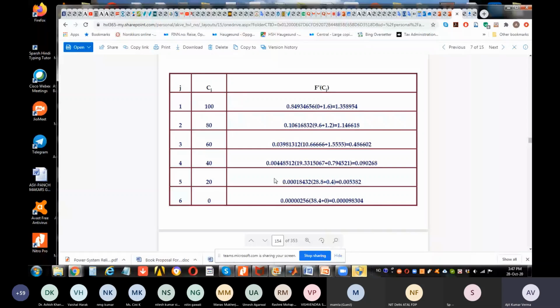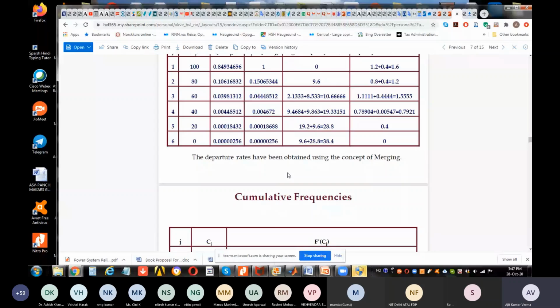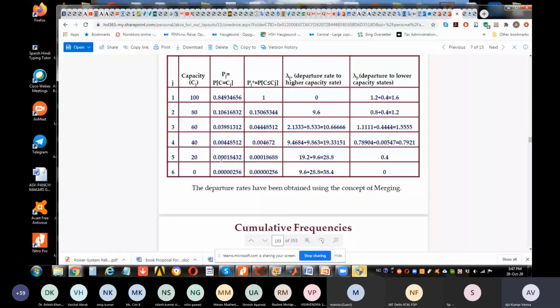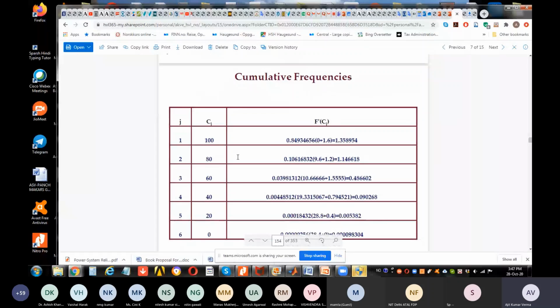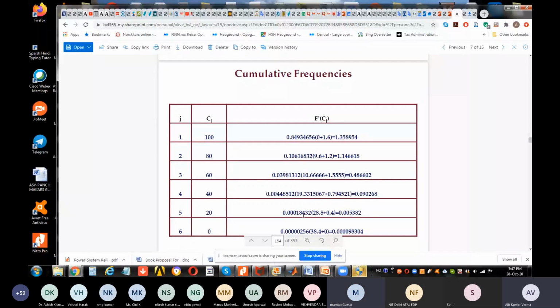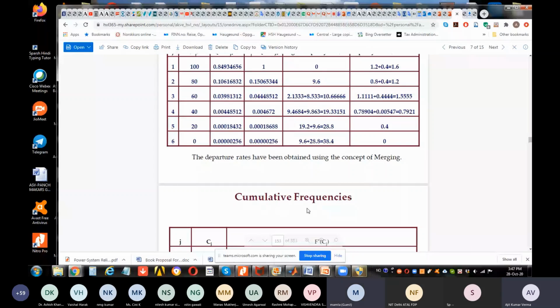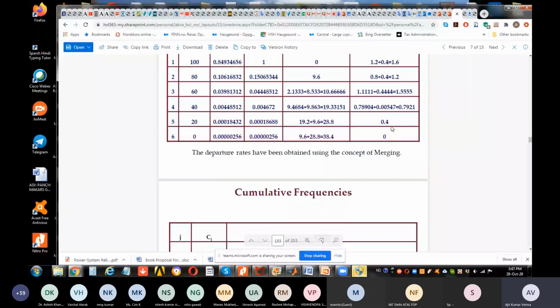What is the state probability and the cumulative probability? 0.000186888, and the individual probability is 0.0001843.2, and these are the transition rates, 28.8 and 0.4. So that gives you this.